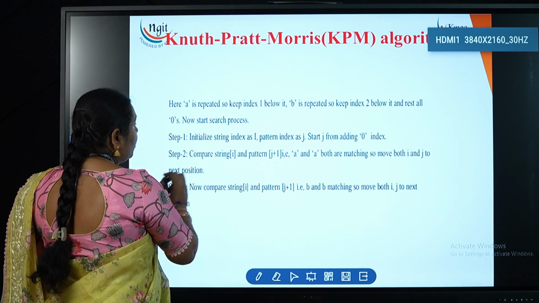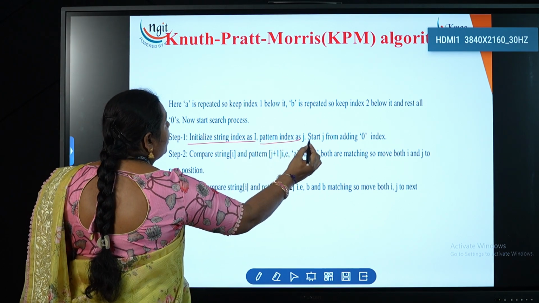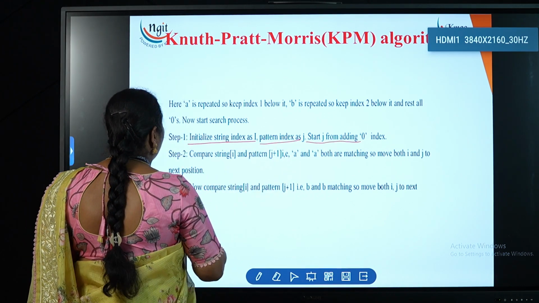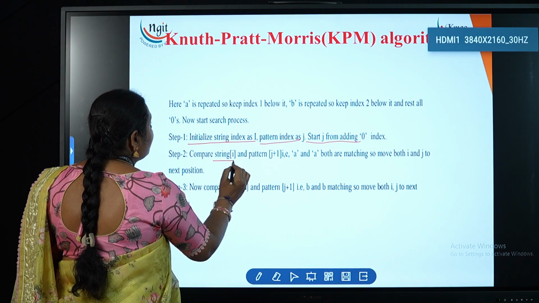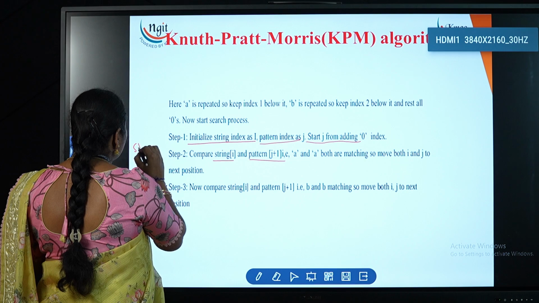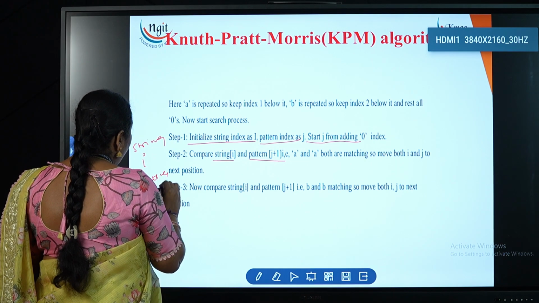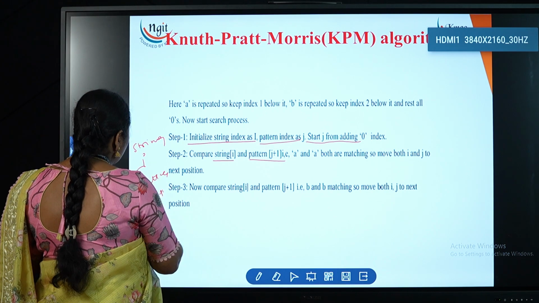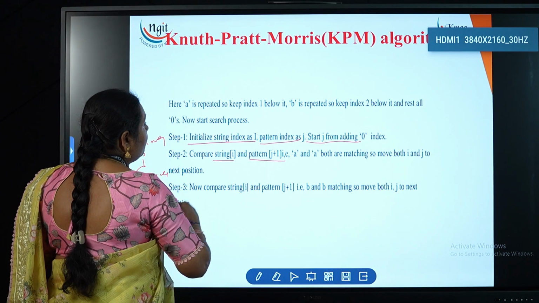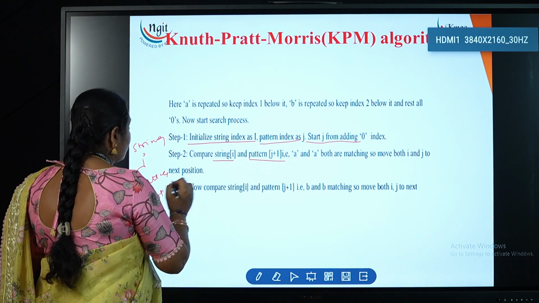So first you have to initialize the string index as i, pattern index as j. Then start j from index 0. So compare the string of i with pattern of j plus 1. So you are taking string i, this is your string, and your pattern here, and you are comparing j plus 1. So first I will check with this pattern. Then if A and A both are matching, move both i and j to the next position.